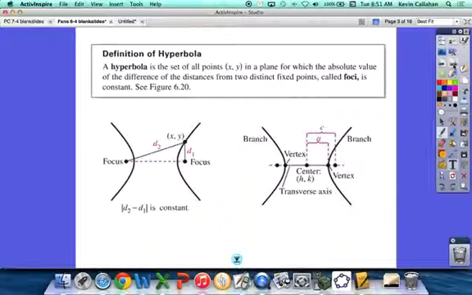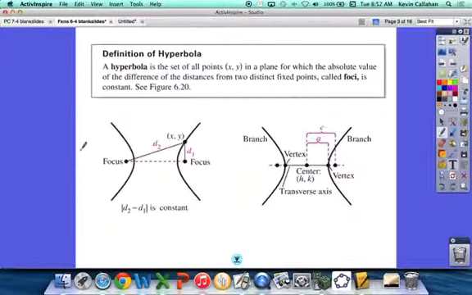The hyperbola is the set of all points, the difference of whose distances from two fixed points is constant. So it's not a sum, it's a difference. And because we take the absolute value of that distance, it leads to two different pieces of a hyperbola. Each one of these is called a branch. That's one branch, and that's the other branch.